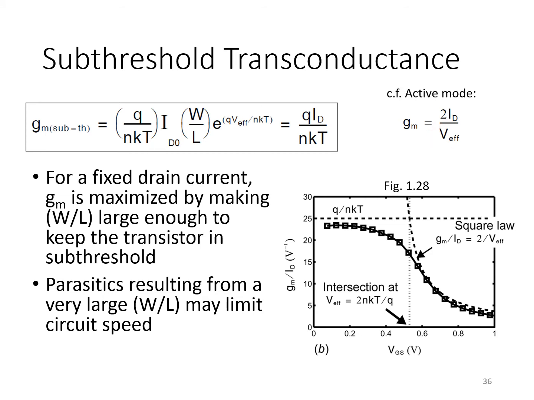If we have a finite drain current, how can we have very, very small V effective approaching zero? Well, the answer is you make W over L huge. And if you don't care about the parasitic capacitance, it's not a high-speed circuit, that's actually something that you can do. However, even if you do that, you still don't see the small signal transconductance approach infinity.